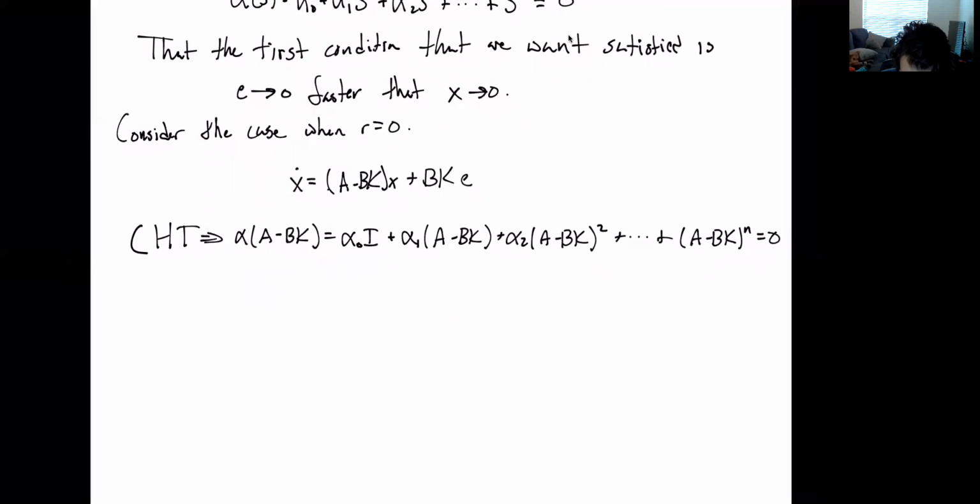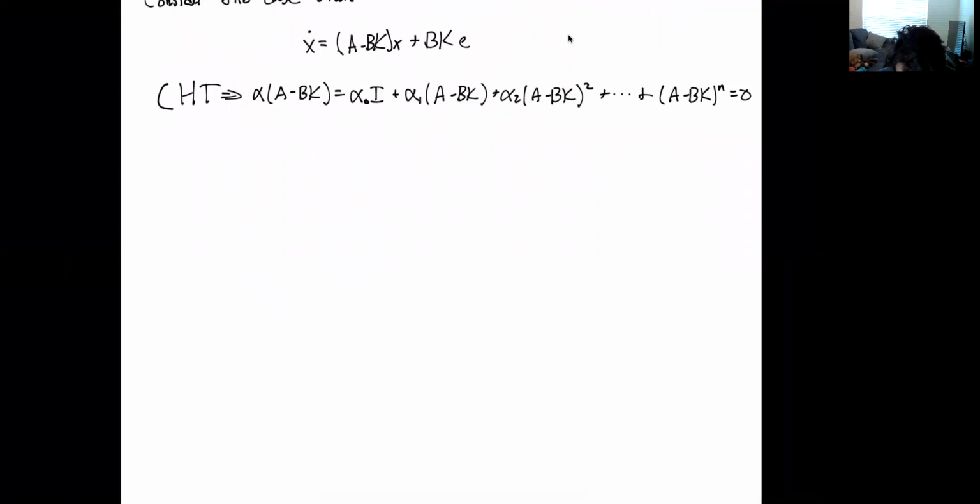All right. So again, just basically following the same steps as we did with the observer, we can evaluate the powers of each matrix. So let's look at A minus BK squared. This is equal to A squared minus ABK minus BKA plus BK squared.